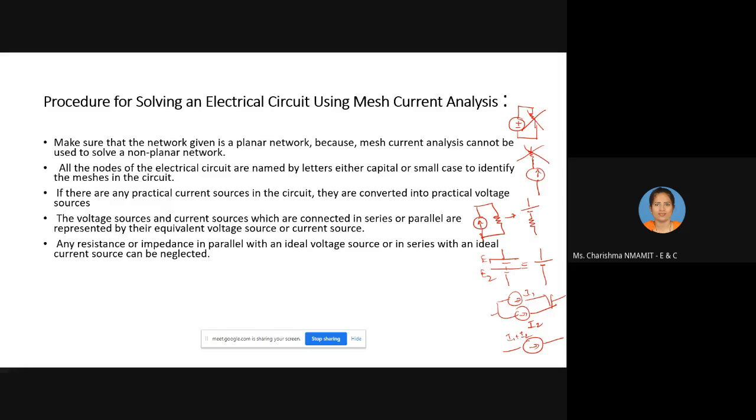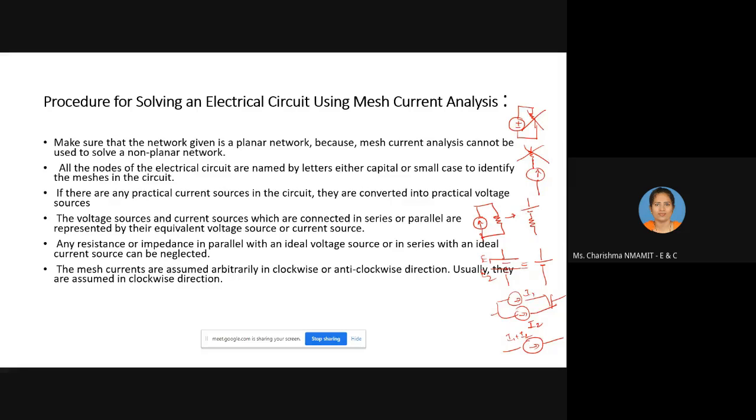So you can neglect the redundant resistances or impedances, that is, the resistance or impedance in parallel with the ideal voltage source, and the resistance or impedance in series with a current source, before doing the analysis. You need not consider those redundant resistances.